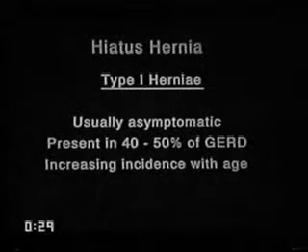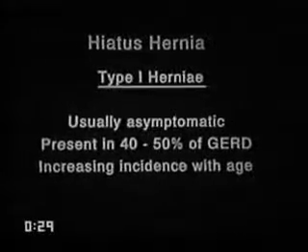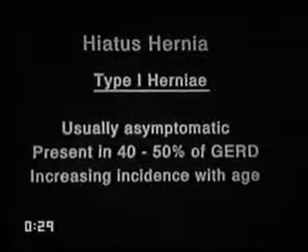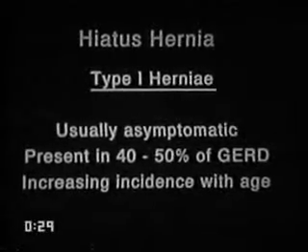The incidence of these hernias, both type 1 and paraesophageal hernias, increases with age and becomes more common in women in older age than in men in older age. And this is presumably some hormonal effect. The type 1 hernia is usually asymptomatic. If it does have symptoms, it's typically symptoms of gastroesophageal reflux problems.